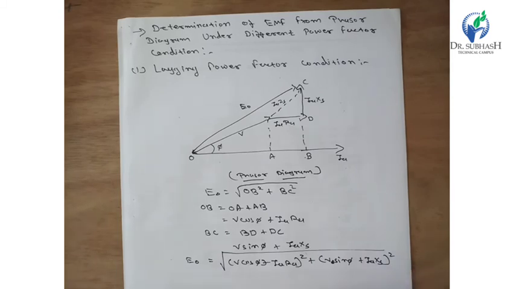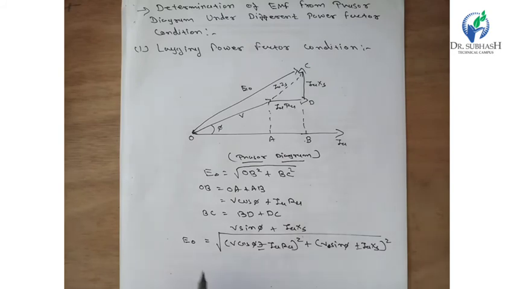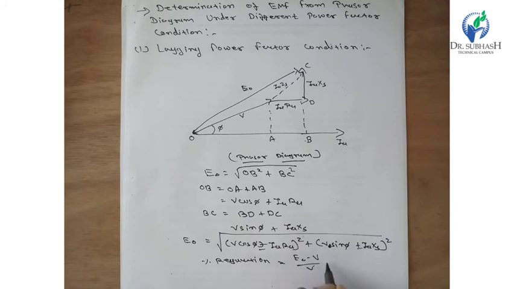There is a positive sign for the lagging power factor and a negative sign for the leading power factor, so we write both positive or negative in this form. For the percentage regulation, the equation is E0 minus V upon V into 100.